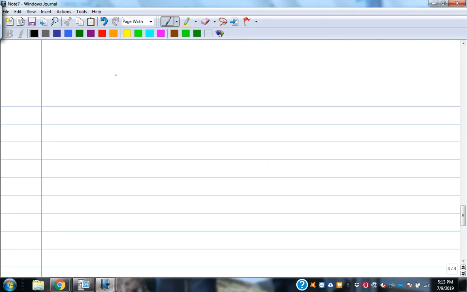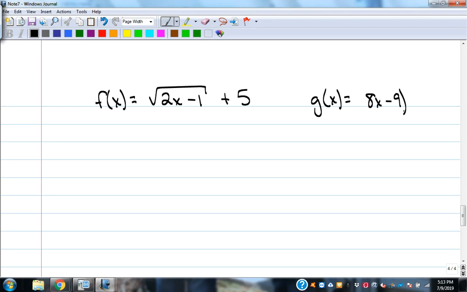Let's say we had two functions. Let's say f of x is the square root of 2x minus 1, plus 5. That's f of x. G of x is just 8x minus 9. Just that, 8x minus 9. And they ask us to find f plus g of x and the domain.